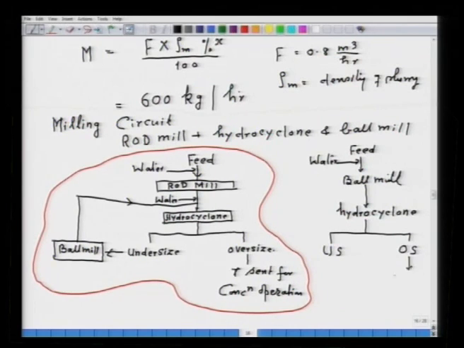So, oversize is for concentration operation and undersize can further go for the further milling operation. This is called the so-called circuit or the milling circuit.